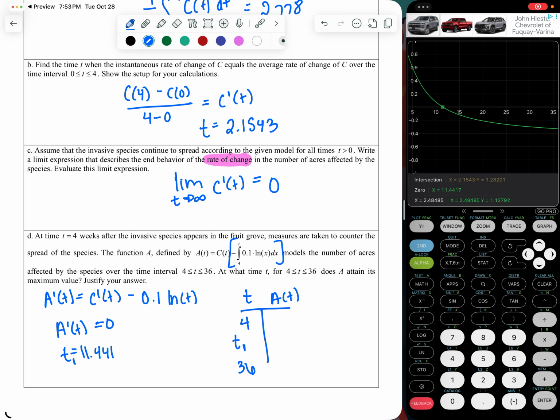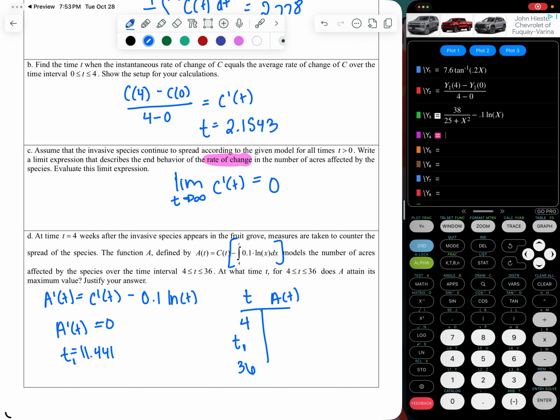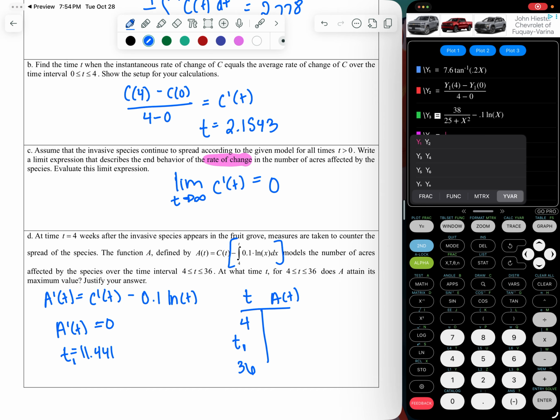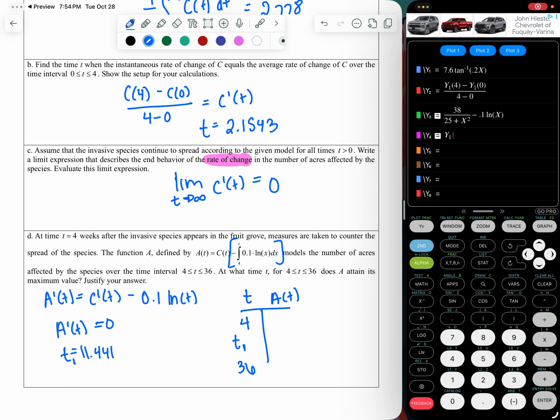Okay, so I'm going to go back to Y1, and I'm going to plug this in. Now, under Y4, I'm going to have alpha trace, Y1, because that's C of t, minus the integral from 4 to t of 0.1 ln of x dx.